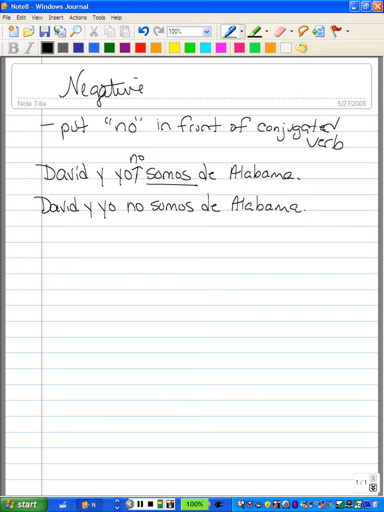And that's how you make a sentence negative in Spanish. You put the word no in front of the verb that's conjugated. So if you say yo soy americana, I'm American, there's your conjugated verb. So if you want to say I'm not American, then you would put no there, and your sentence would be yo no soy americana.